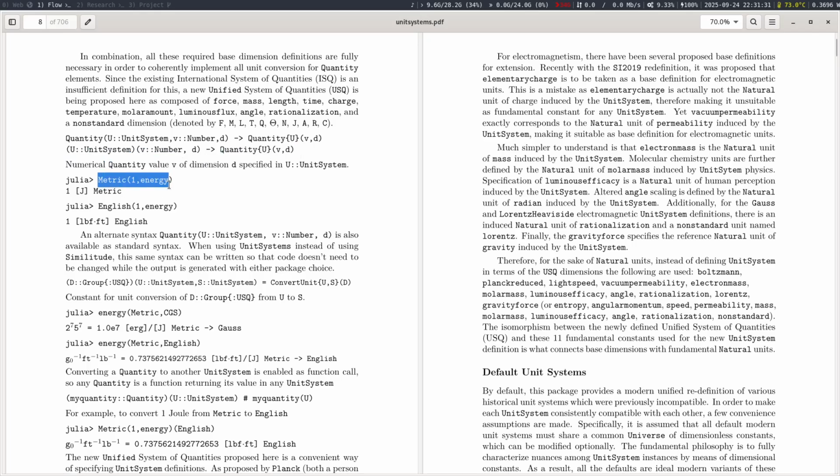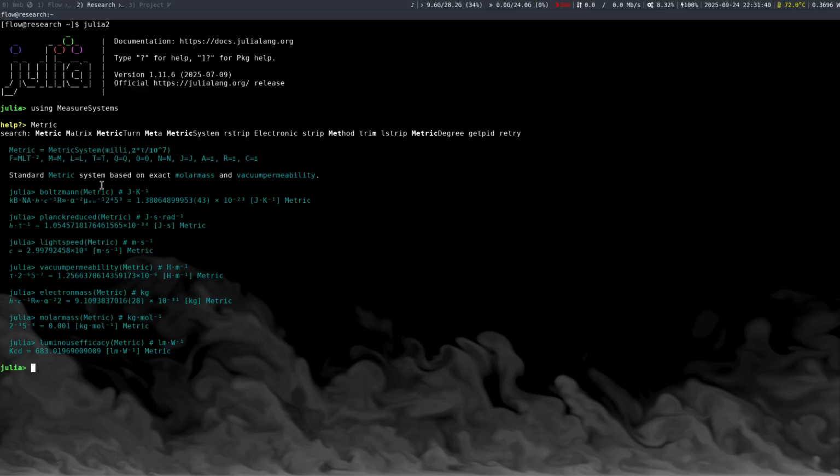That's how this works. So we take metric, 1 energy produces a joule. So energy is like a dimension. And so if you take metric 1 energy, that's 1 joule.